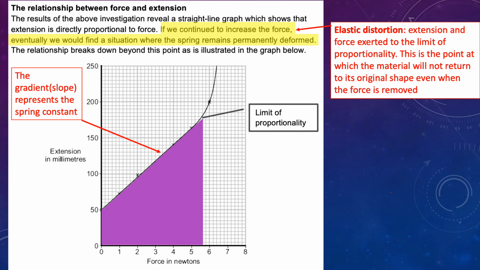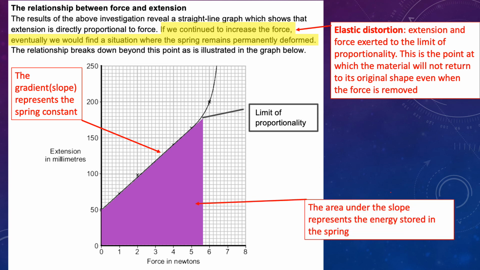If you look at the graph right now, the purple shape that's on there is somewhere around 5.5 newtons. So when there's 5.5 newtons pulling on this spring, I can calculate the area underneath the graph, and that will tell me how much energy is stored inside the spring. And I can do this for as much as I want.